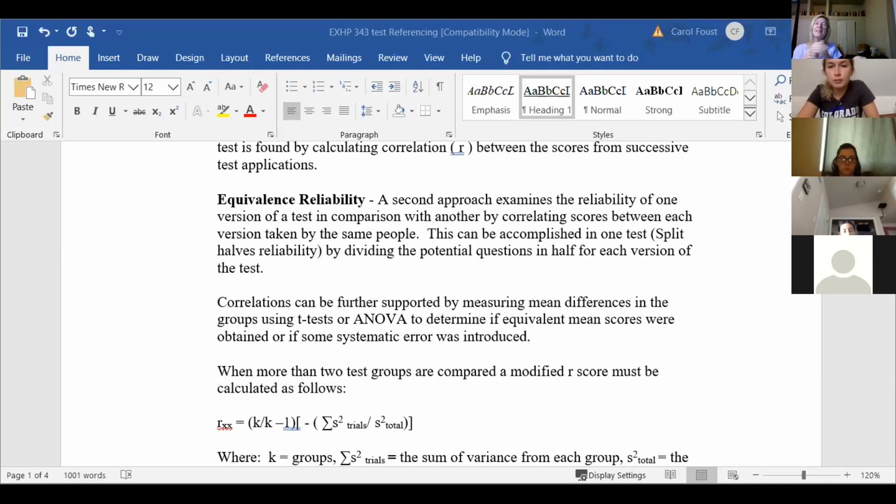Okay, and that's in comparison to what we did yesterday and on Monday, where we were looking to see if an independent variable actually did make a difference. We were looking for differences, okay? And if there was no difference, then we would say, this experimental independent variable really didn't make a difference. It's probably not worth doing, okay?